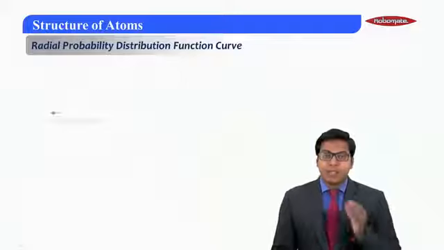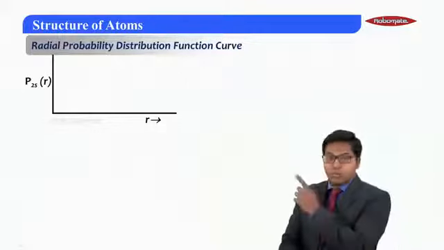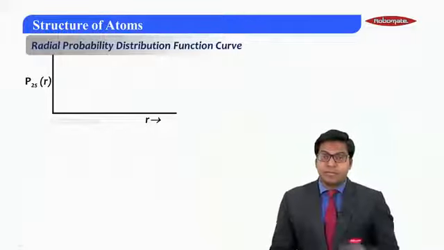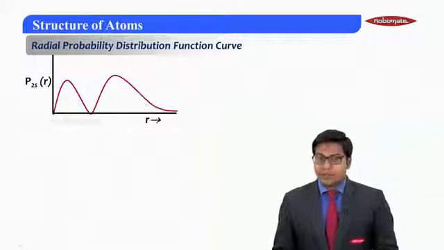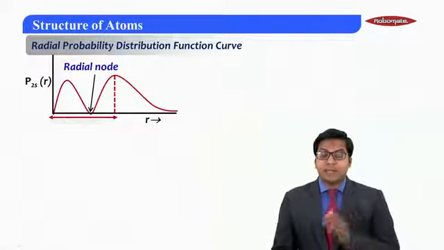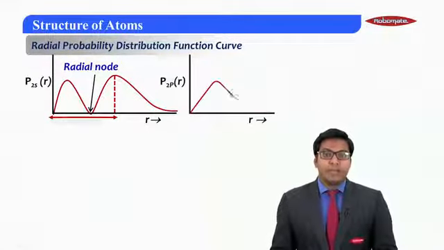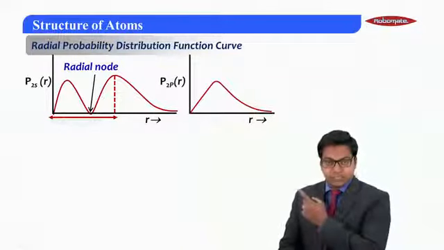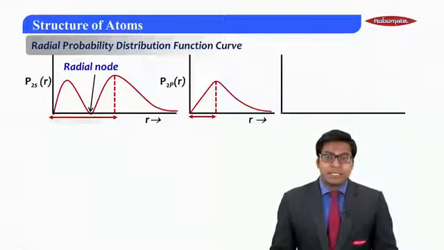Now if I keep drawing this for different orbitals, what do I get? The probability distribution curve versus r. If it is for 2s, this is what we found, and it has one radial node with a radius of maximum probability at a distance. Similarly, if I draw it for 2p, I will get no nodes here. This is how we will get it, with a certain maximum distance.